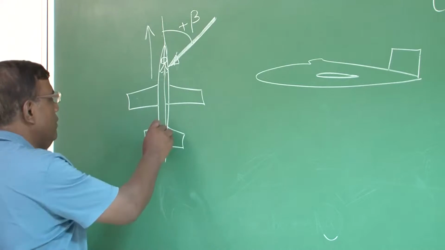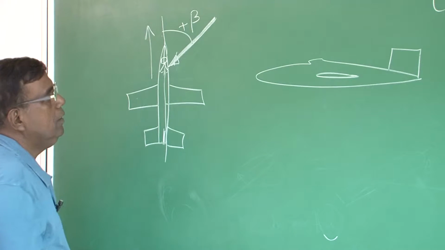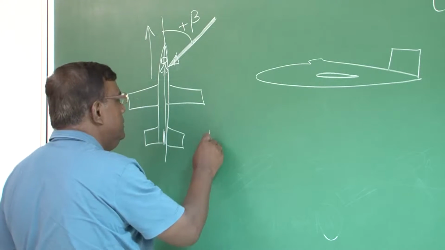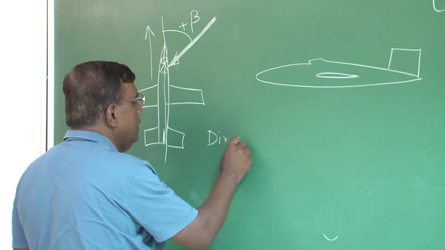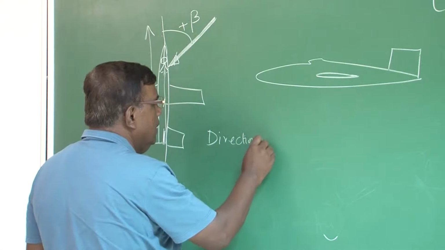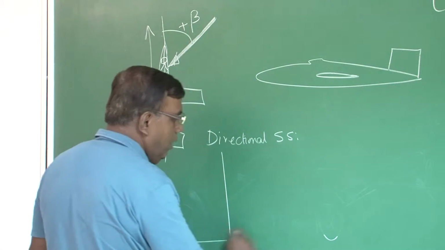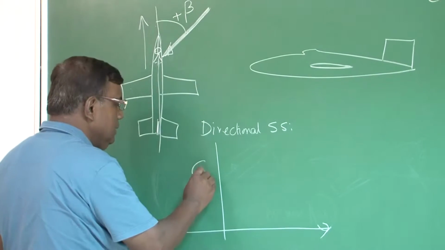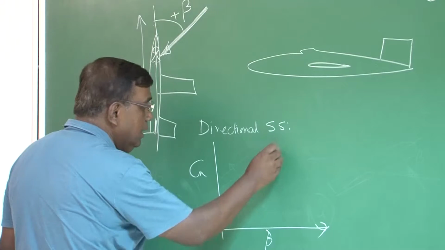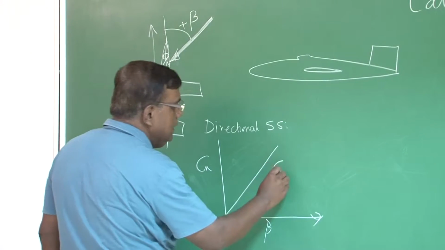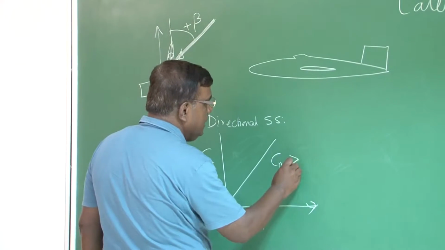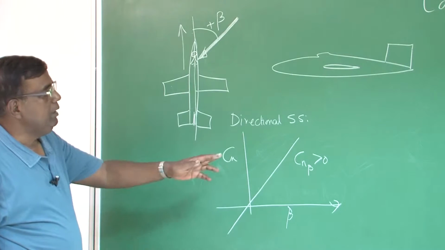And what was the condition for directional static stability? The condition was, if I plot Cn versus beta, then Cn beta should be greater than 0. That is, Cn beta greater than 0.